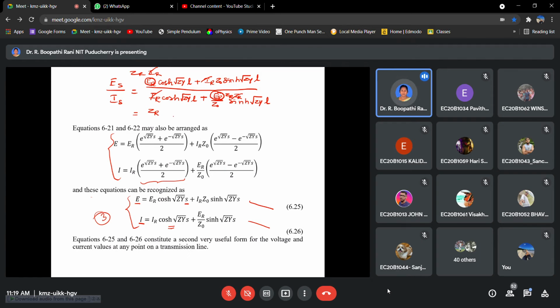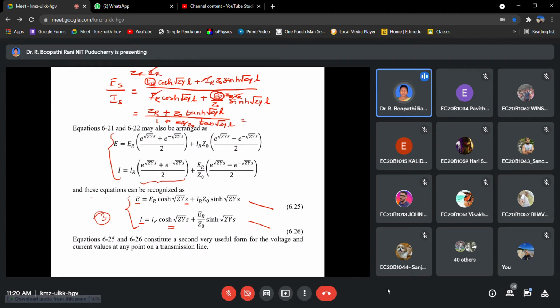Consider that I am taking out cos H nu L from the numerator and denominator, plus Z naught, and sin by cos will be tan H root ZY L divided by, and cos is removed, 1 plus ZR by Z naught, sin by cos is tan H root ZYL.